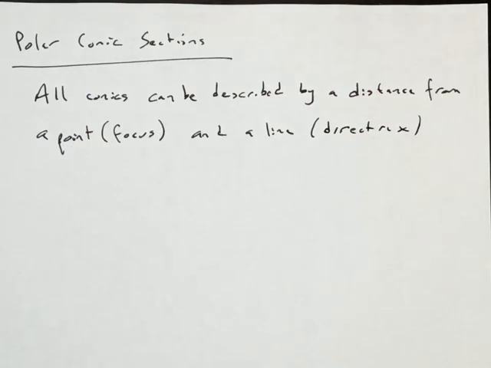I know when we set this up with a parabola, what did we say about the two distances? The distance from points on the graph to the focus as compared to the distance to the directrix.